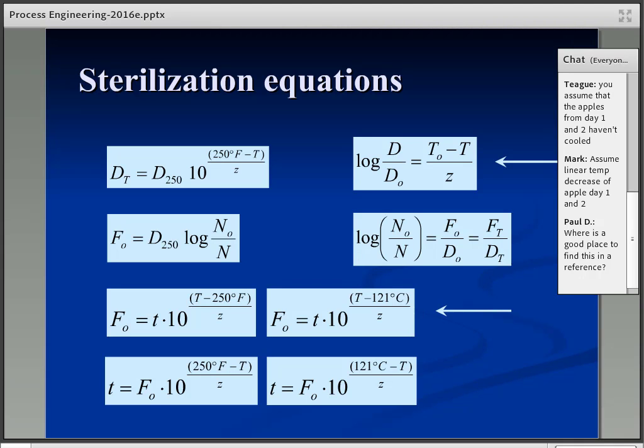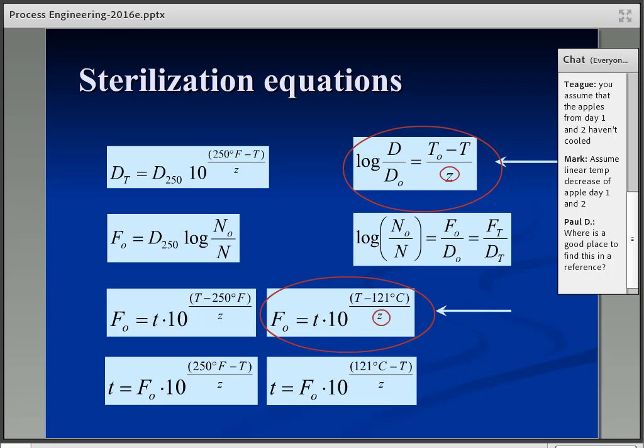For decimal reduction time, this is a way to express the relation between decimal reduction time at two temperatures. T0 is the reference temperature, D0 the reference decimal reduction time, and then D and T are the new or different case, and Z is data for the particular organism that you'd have to have. For thermal death time, this is a rearrangement of the way we wrote this equation before, but again, based on the Z value you have for the organism, you'll have the reference.